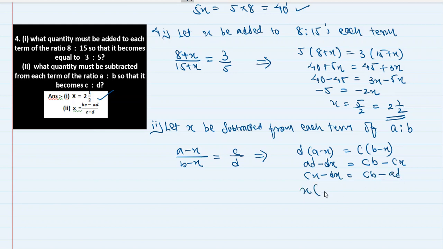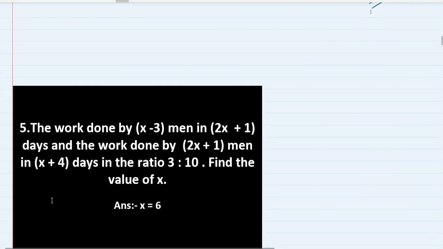So x will come out common. x bracket C minus D is equal to CB minus AD. So x is equal to CB minus AD upon C minus D. You can also write it as BC minus AD upon C minus D, like here. Okay, but this is the quantity which must be subtracted. Okay, very simple. Let's go to the next question.